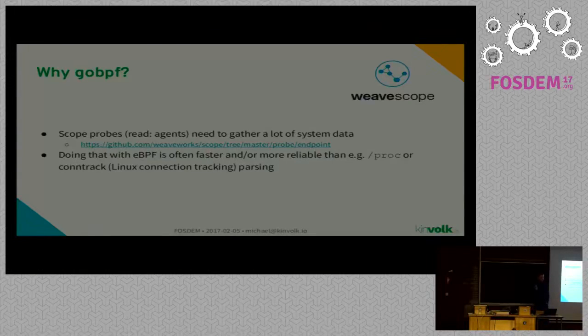Right now their approach is to parse proc and check the conntrack tables, and this is rather difficult to do because you have to scan a lot of data, and that very fast, and when you have a lot of processes or a lot of containers, it can be tricky to do that reliably and fast. And depending on the use case, it's much nicer to have eBPF there, because the kernel is doing a lot of work, and you just have to read the events then.